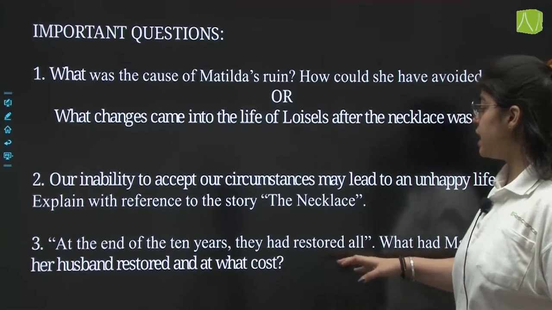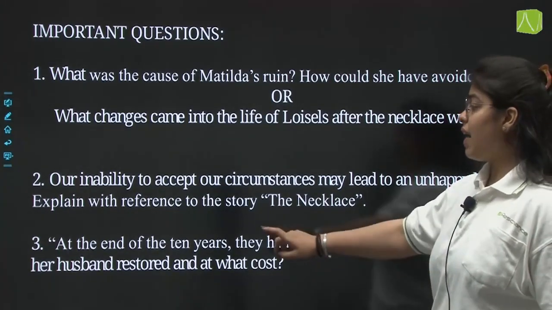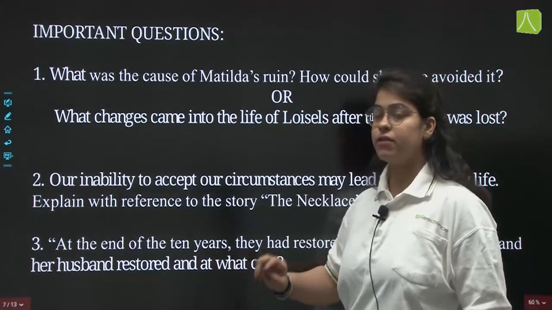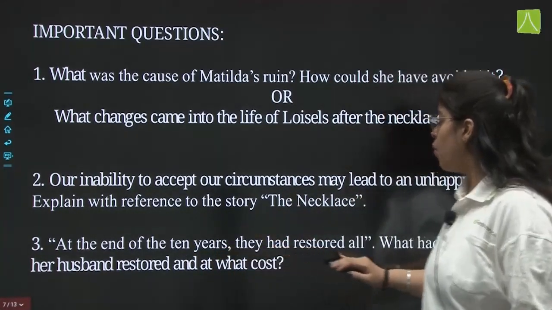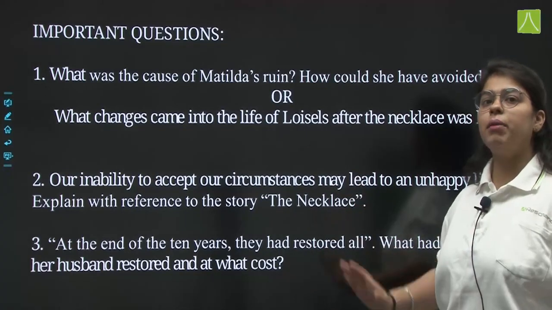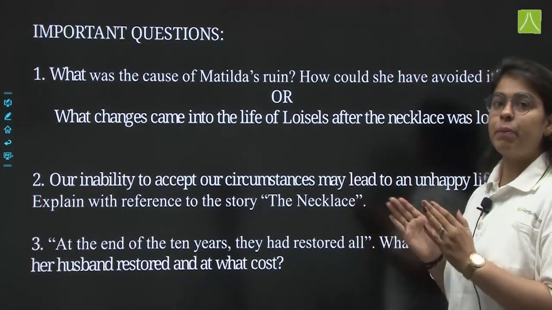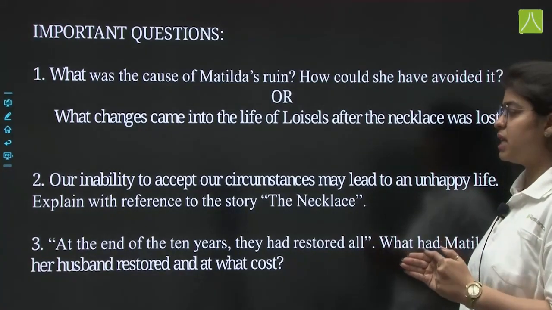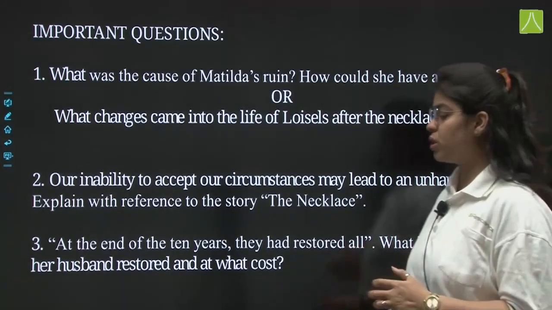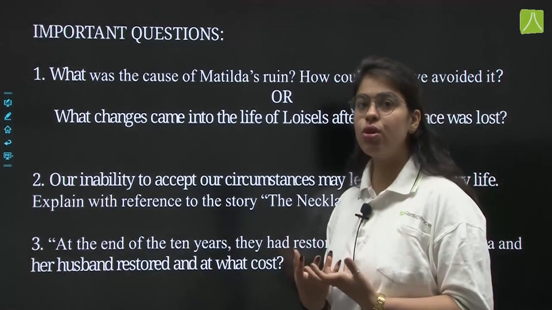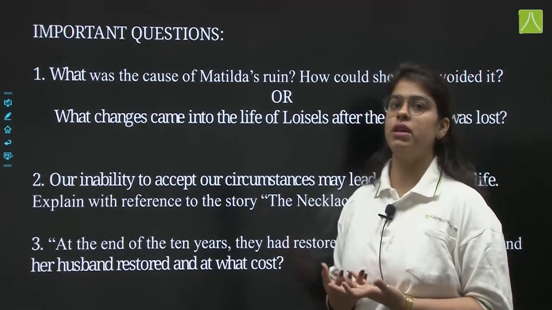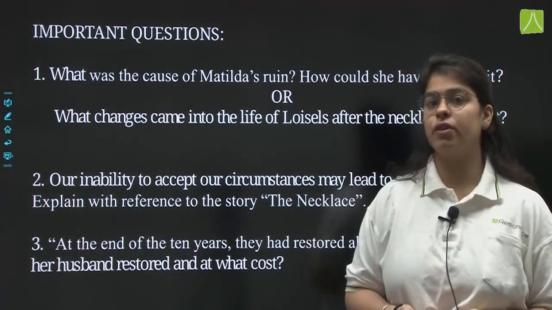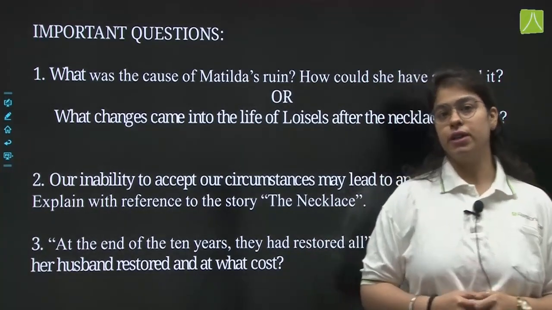Then you will tell them that after living that life for 10 years, what was restored was all the amount that Mr. and Madame Loisel had paid. It took them 10 years to repay just 18,000 francs, because 18,000 were already available to them from their father.